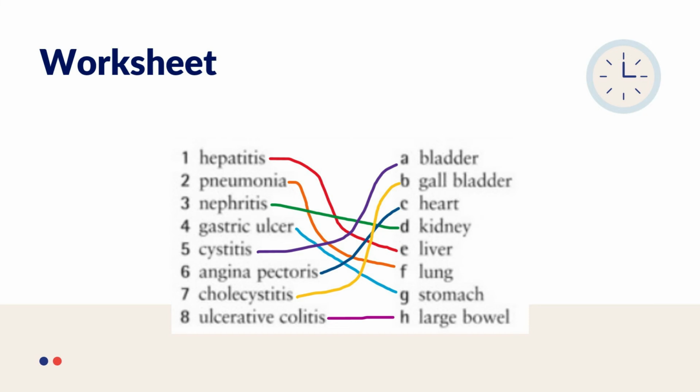Now the next word is cystitis. So the answer was bladder. The next one is angina pectoris. And the correct answer was heart.